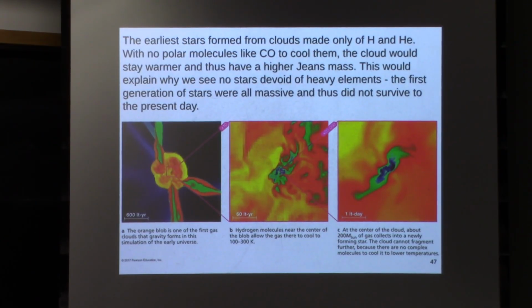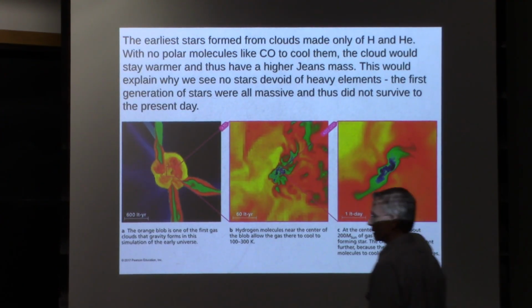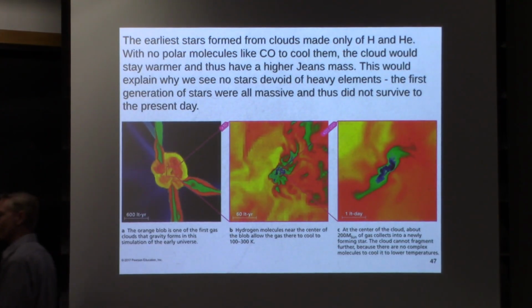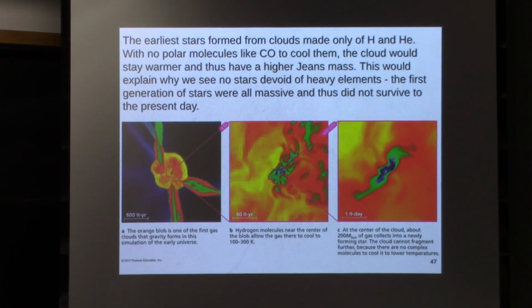Instead, we look for radio waves emitted by molecules like carbon monoxide. Why was that again? What's the problem with a hydrogen molecule in terms of it emitting radio waves by vibrating or rotating, as it were?